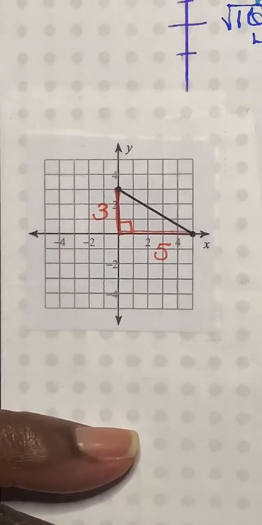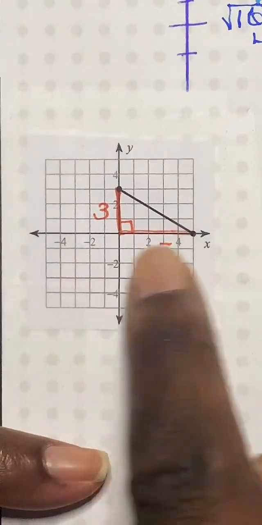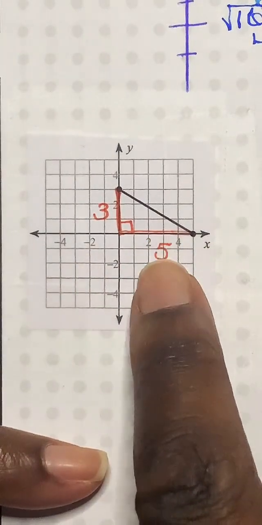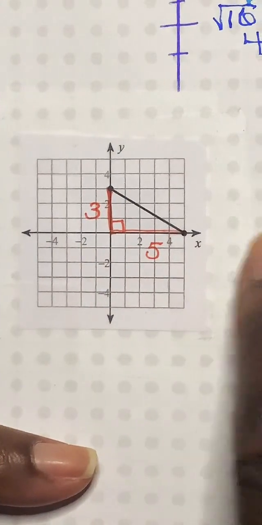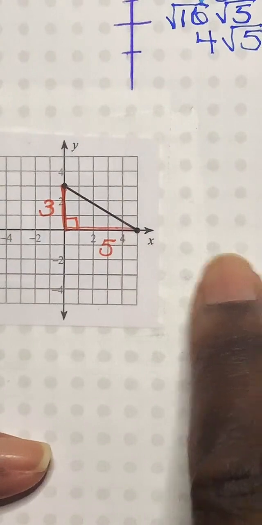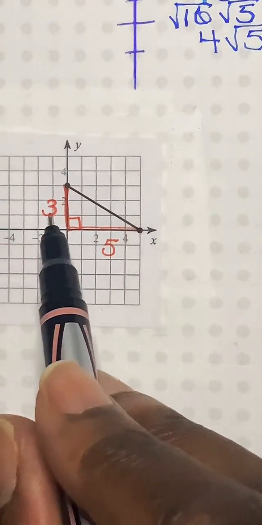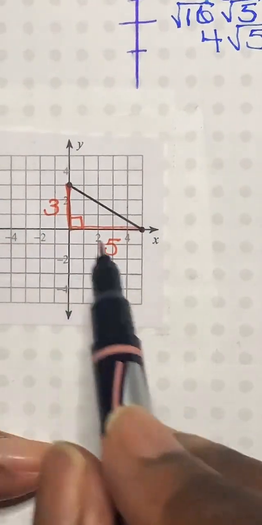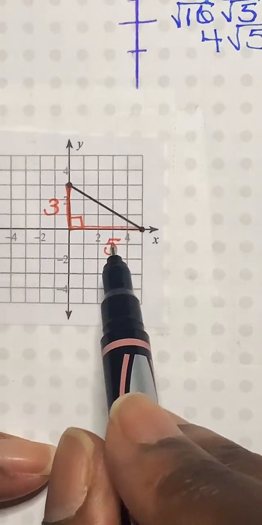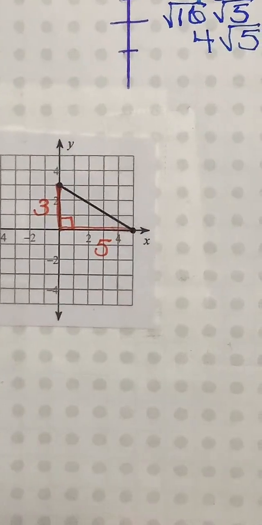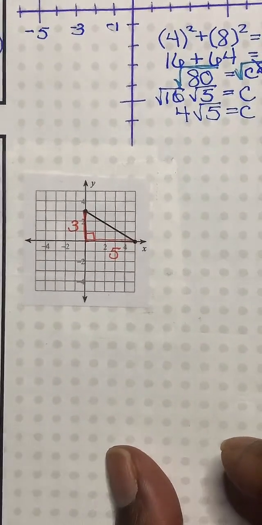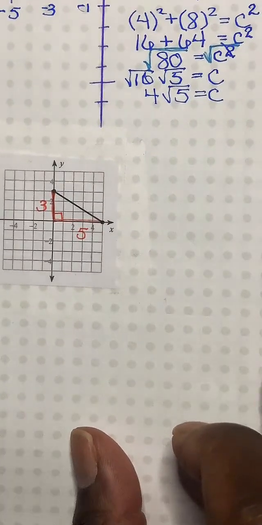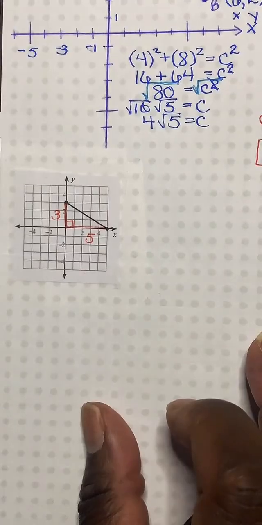If for some reason you can't see it on the grid, you can retrace it off to the side. But right now, my two legs, the 3 and the 5, are interchangeable. And what we're going to do is use Pythagorean's theorem.